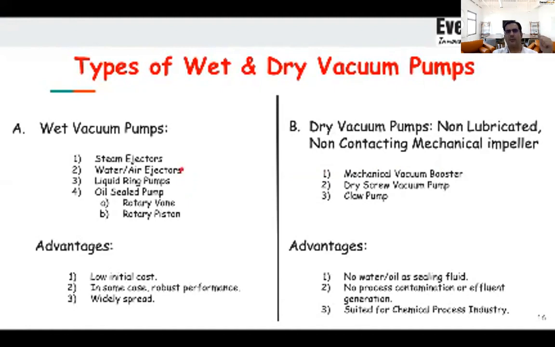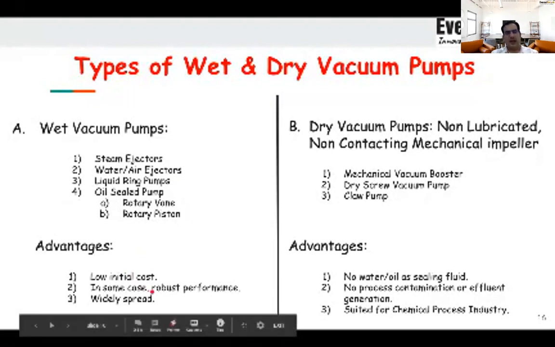These are not very popular, but the category exists. Then liquid ring vacuum pumps and oil sealed pumps. Oil sealed pumps can further be categorized into two: rotary vane and rotary piston. The advantages of these types of pumps: initial cost is low, and in some cases they offer robust performance. And because this technology has been available in the market for a long time, it is widely spread.